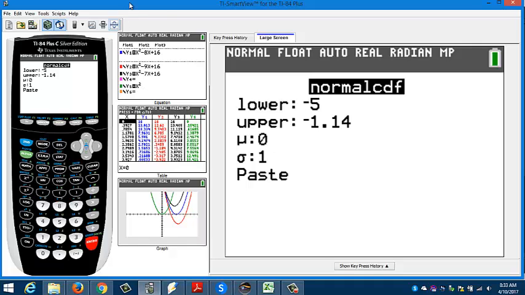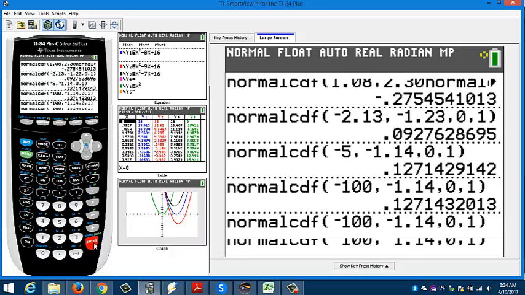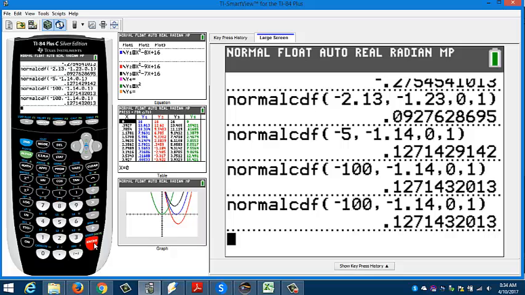Did you get the same answer, or was yours a little different? No, it was the same. Okay, that's what I'm saying. As long as you have something really negative, like if I threw in negative 100, I think I'll get the same answer. Is it exactly the same?